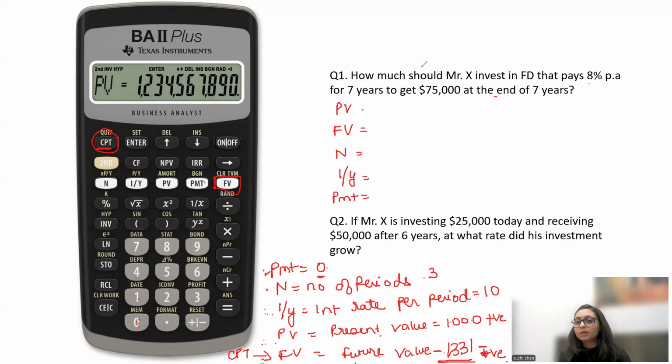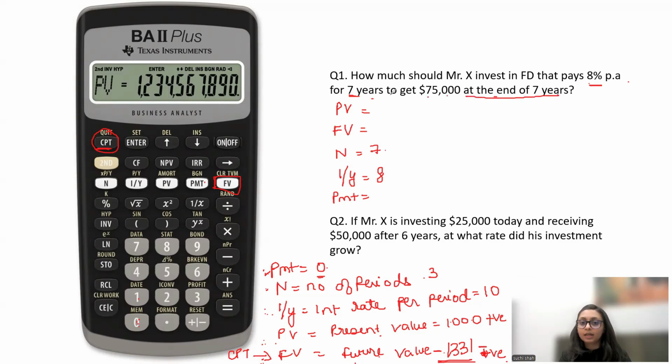Yes, how much he should invest that pays 8% per annum. So 8% is interest rate per period. So you can enter 8 in the I/Y, for 7 years, so N is 7.